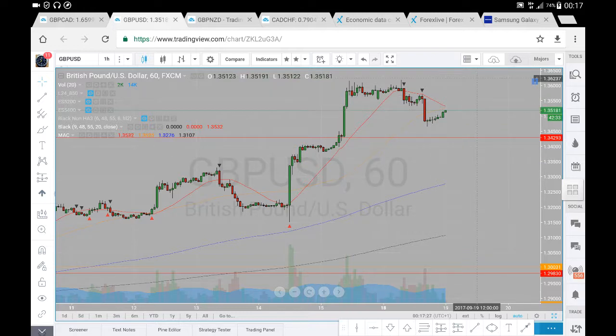So yeah, pound dollar, I've still got a long bias on this currency pair, provided it trades above the week's open.